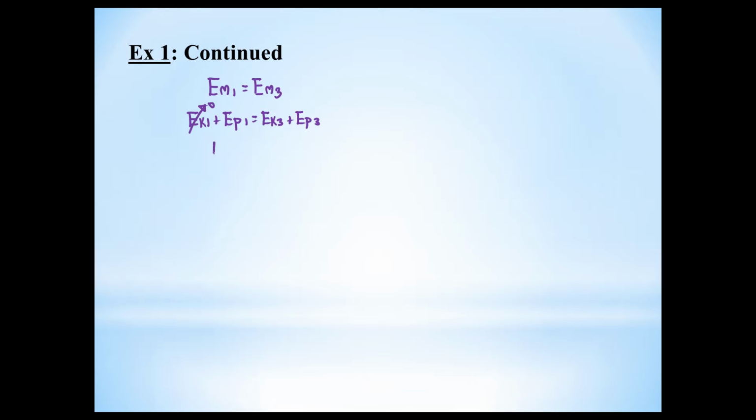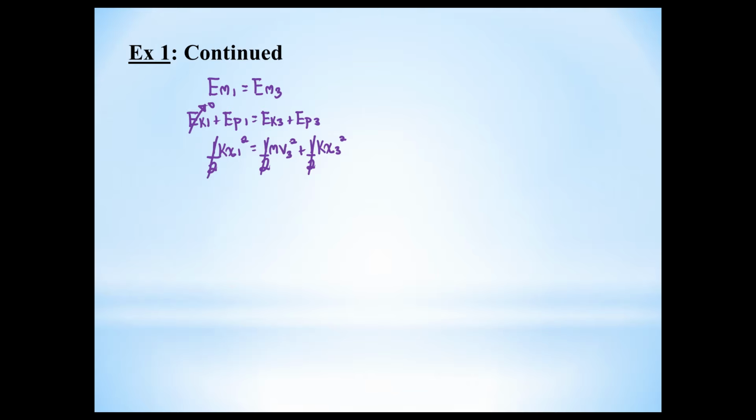So this would then become 1/2 K x1 squared is equal to 1/2 M V3 squared plus 1/2 K x3 squared. And once again, I can cancel off all the 1/2s because they're in every single term. And again, you cannot cancel off the mass because you can see here the mass is only in a single term. So you're not going to be able to do that for a spring question.